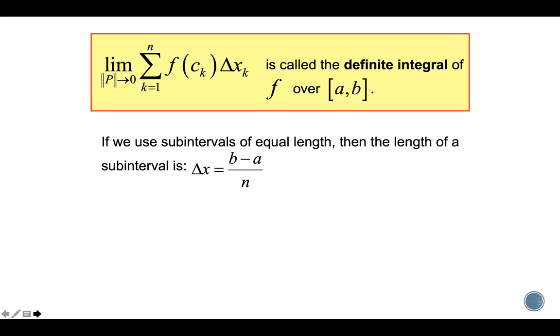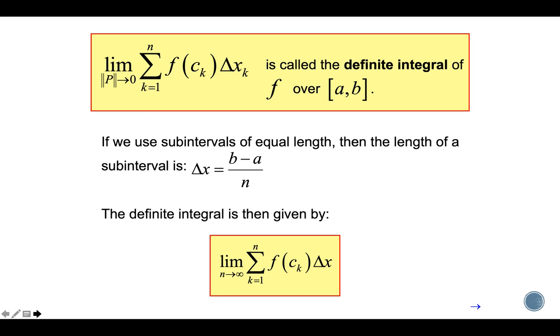If we use subintervals of equal length, then the length of a subinterval is delta x equal to (b minus a) over n. The definite integral is then given by the limit as n goes to infinity, for k equals 1 to n, of the sum of f of c_k times delta x.